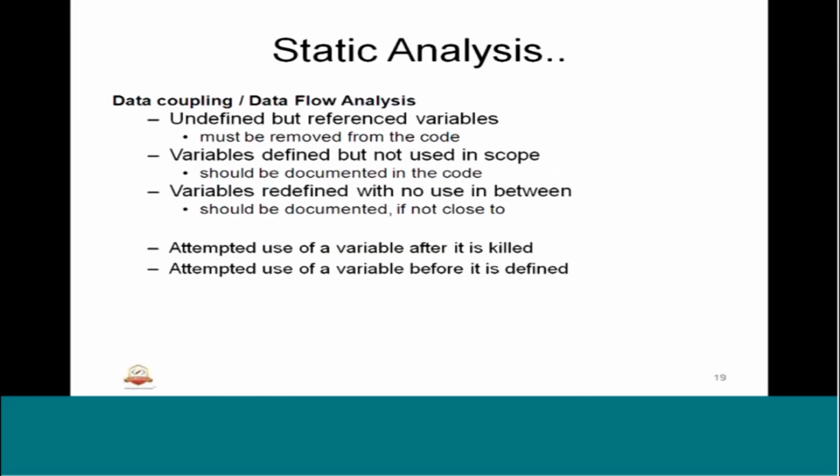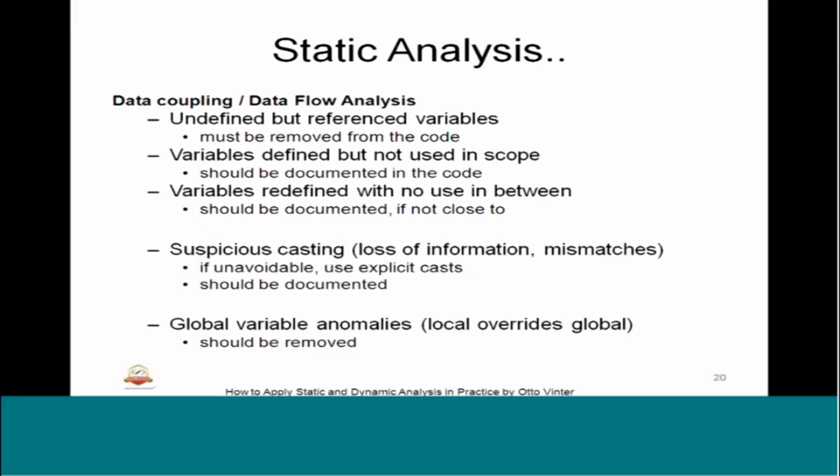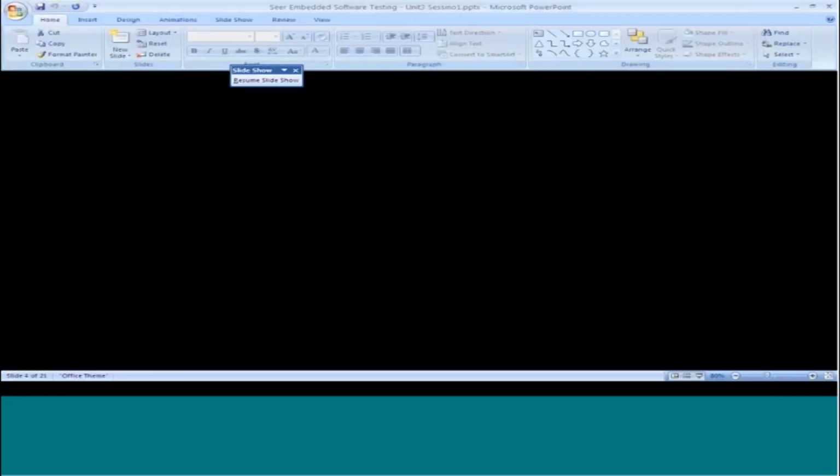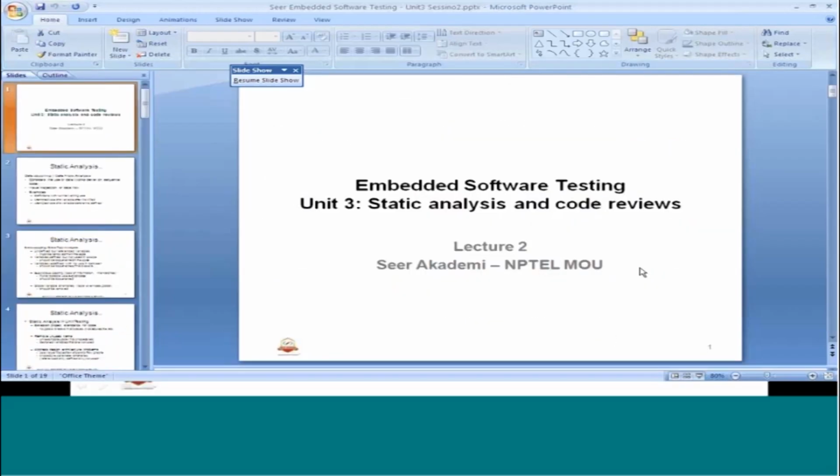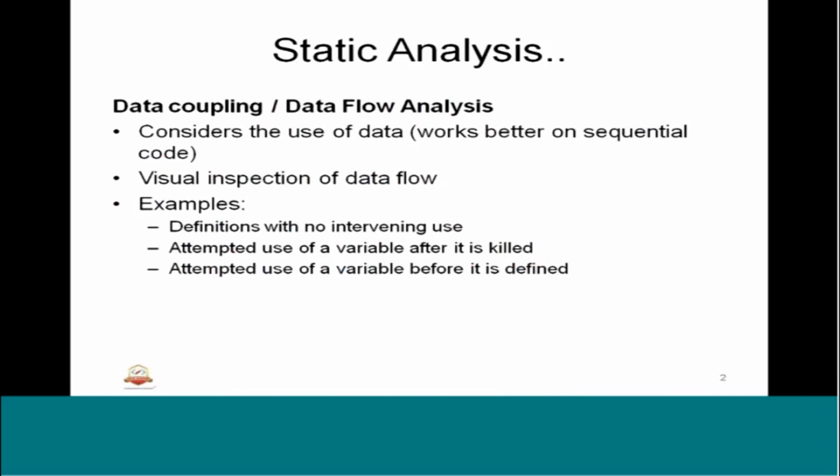And static analysis we will continue today. We know that in control coupling we have the flow of the program controlled, and the independent or dependent execution paths are analyzed.